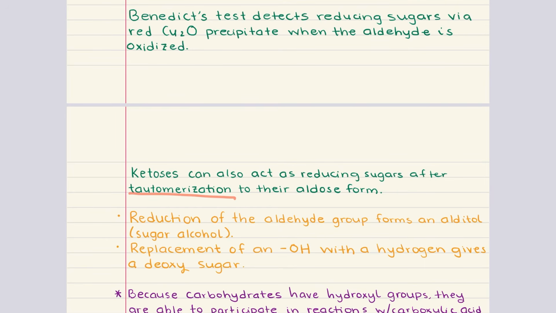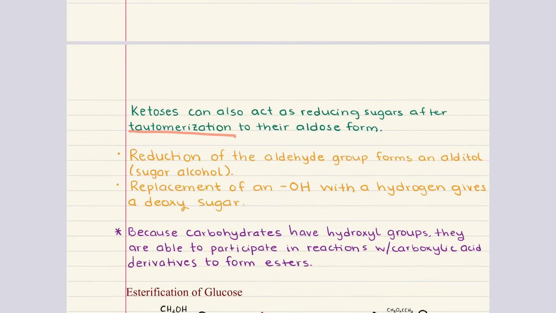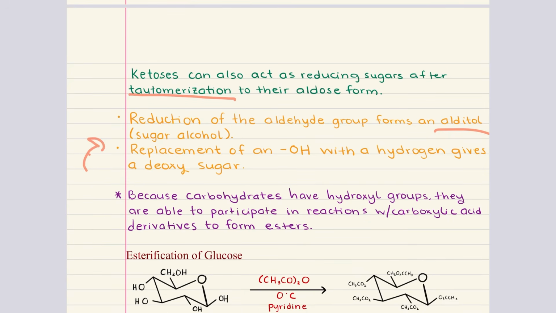In addition to oxidation, monosaccharides can also be reduced. If the aldehyde group on an aldose is reduced to an alcohol, then the product is called an alditol, or a sugar alcohol. Another modification involves replacing a hydroxyl group with a hydrogen and producing a deoxy sugar like deoxyribose.